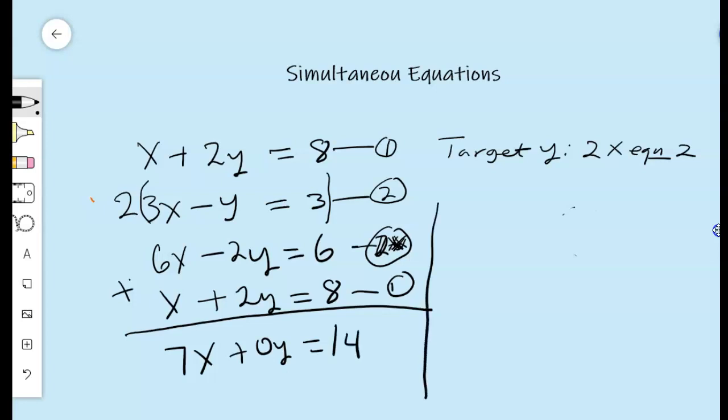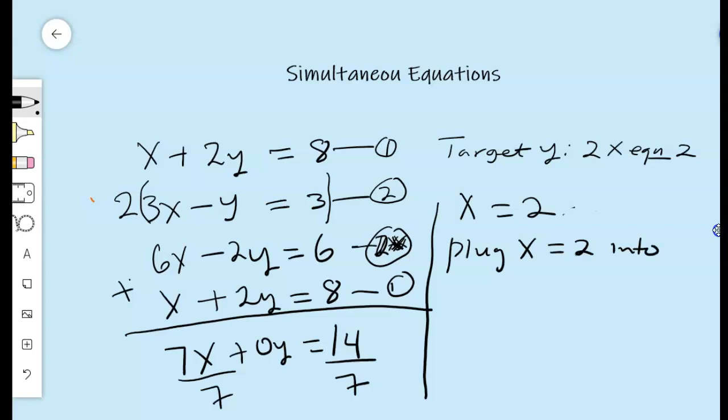At this moment, we are looking for our x. So we divide here by 7 and here by 7, and our x gives us 2. Now we can plug this into any of the equations and then we solve for our y. Let's put x equals 2 into equation 1 because that looks a little simple.